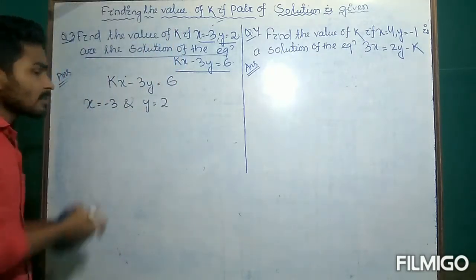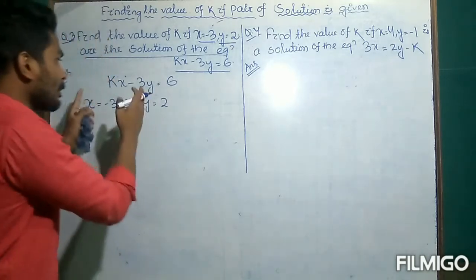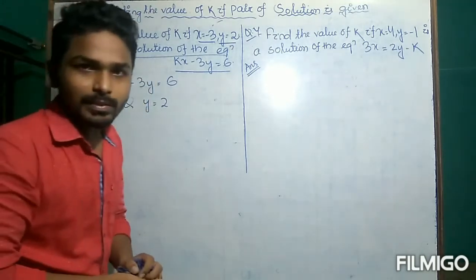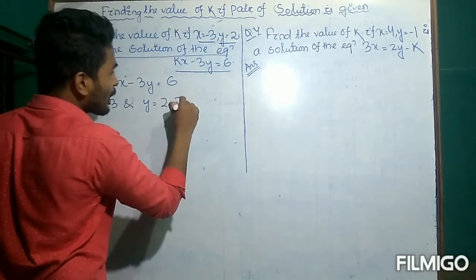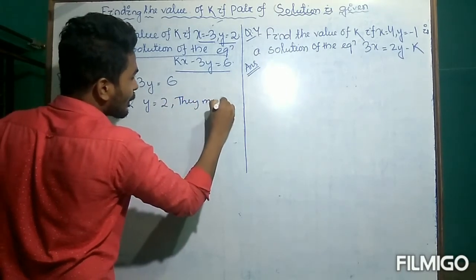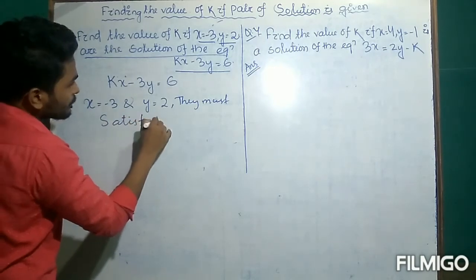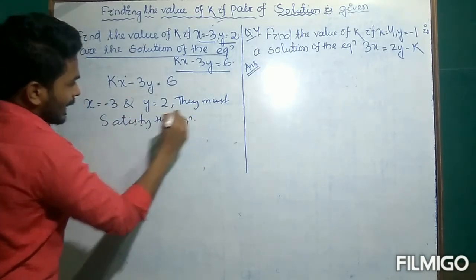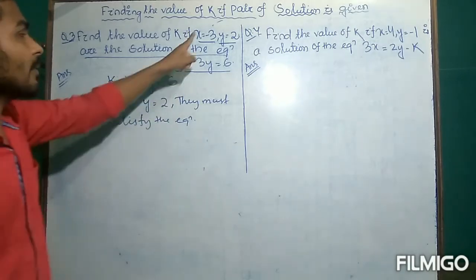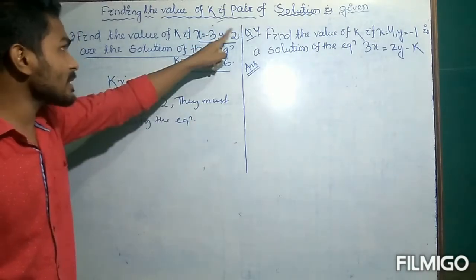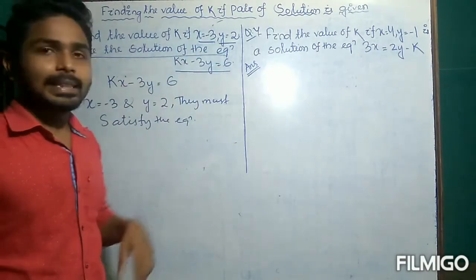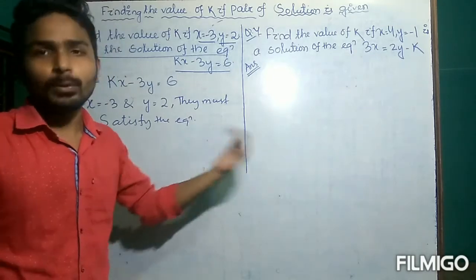Since these two are the solution of the equation, it means they must satisfy the equation. Okay? It means if we put the value x is equal to -3 and y is equal to 2 in this equation, then we get LHS is equal to RHS.